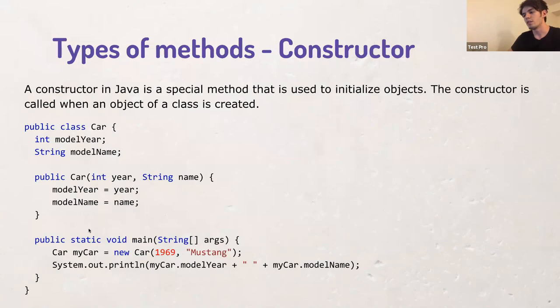As you can see in the main method, at the initiation level, once we initiate the car, calling it new car, we also pass the year of the car, 1969, and the model name, Mustang.